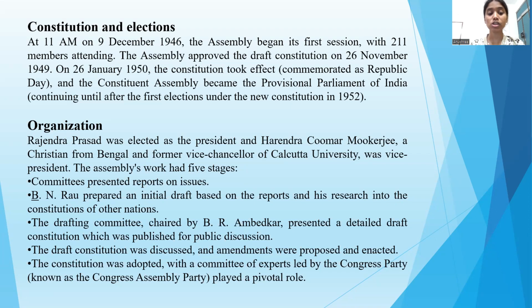The drafting committee, chaired by B.R. Ambedkar, presented a detailed draft constitution which was published for public discussion. The draft constitution was discussed and amendments were proposed and enacted. The constitution was adopted, and the Congress party, known as the Congress Assembly Party, played a pivotal role.